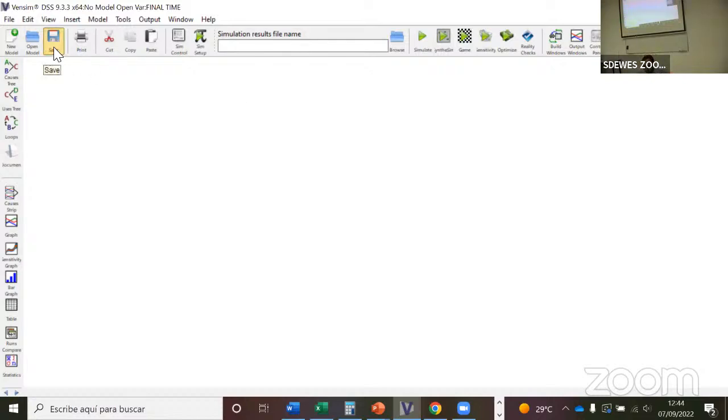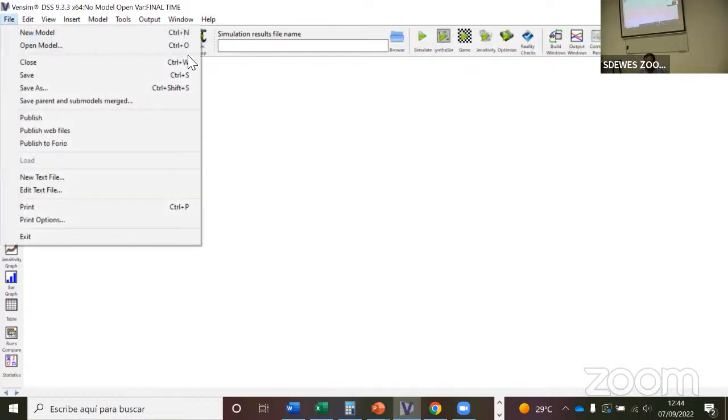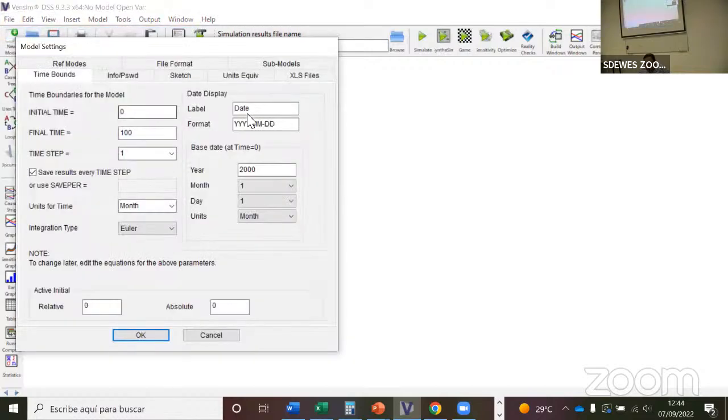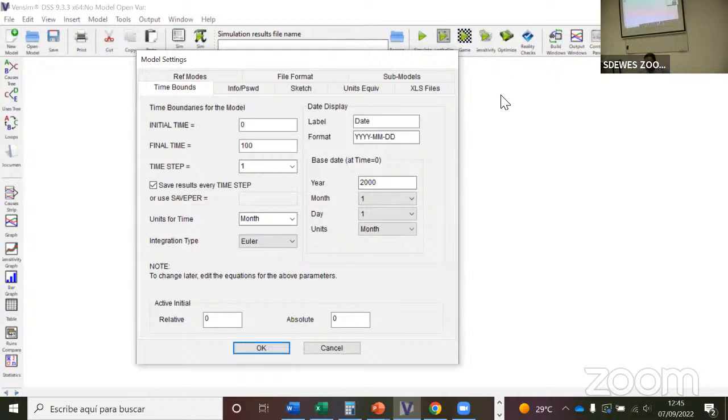In order to do that, we have already seen several times on the screen how we are going to do it. First, we decide to do a new model. You go to the File option, and the basic parameters of your model. You don't need to change the basic parameters.